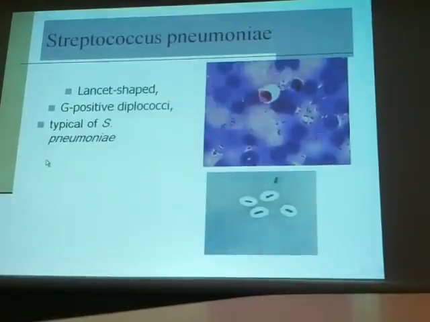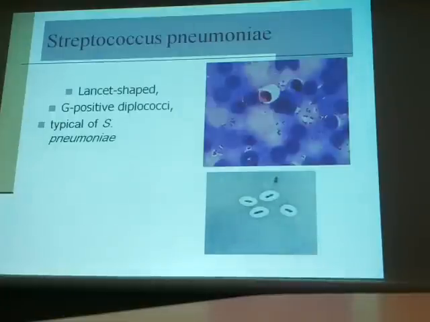Streptococcus pneumoniae on blood agar gives alpha hemolysis, meaning a greenish color around the colony. Under the microscope, gram positive diplococci. These bacteria are usually capsulated, meaning they have a capsule.